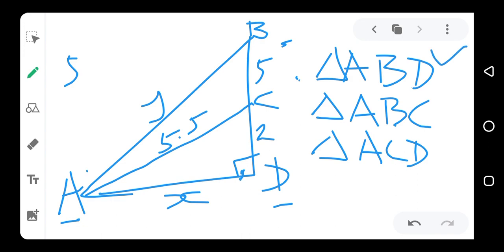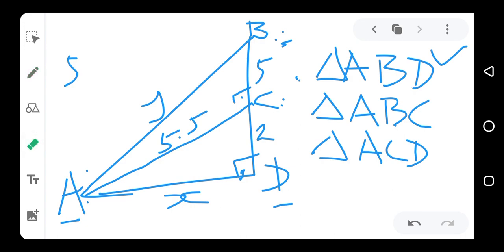Now, triangle ABC is not a right-angled triangle because this side is not given. We don't know whether it is 90 degrees or not, so we cannot take it as a right angle.